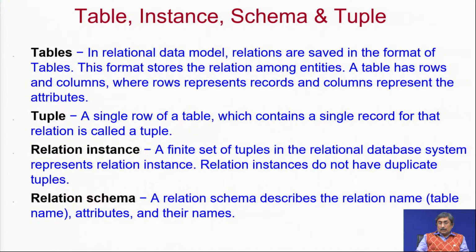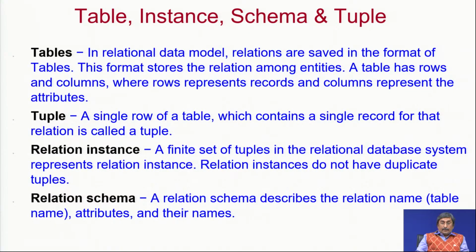Every row except the header row represents a record, and columns represent the attributes of that particular record. Therefore, if you compare this table with relational algebra, they are the same. So, in a DBMS we call it a table, and in relational algebra or the relational data model we call them relations.